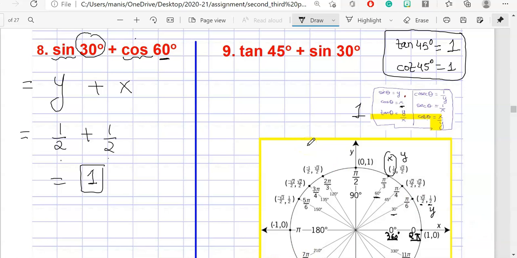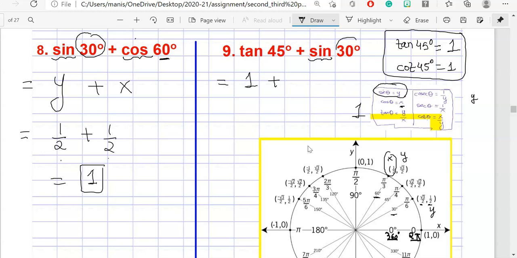All right, so now I will ask this question from you. What is the value of tangent 45? You are right, it is 1. Plus, now we are proceeding for sine 30. First of all, sine means what? Sine means y. I don't have to write y, but just think like this, it is y.